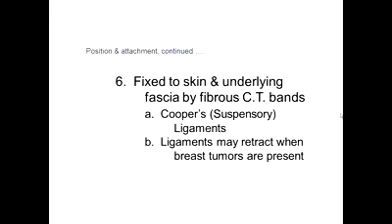Position and attachment of the breast: it is fixed to the skin and underlying fascia by fibrous connective tissue bands, the Cooper's ligament or suspensory ligament. The ligament may retract when breast tumors are present and invade, resulting in dimpling of the skin and fixation of the structure.